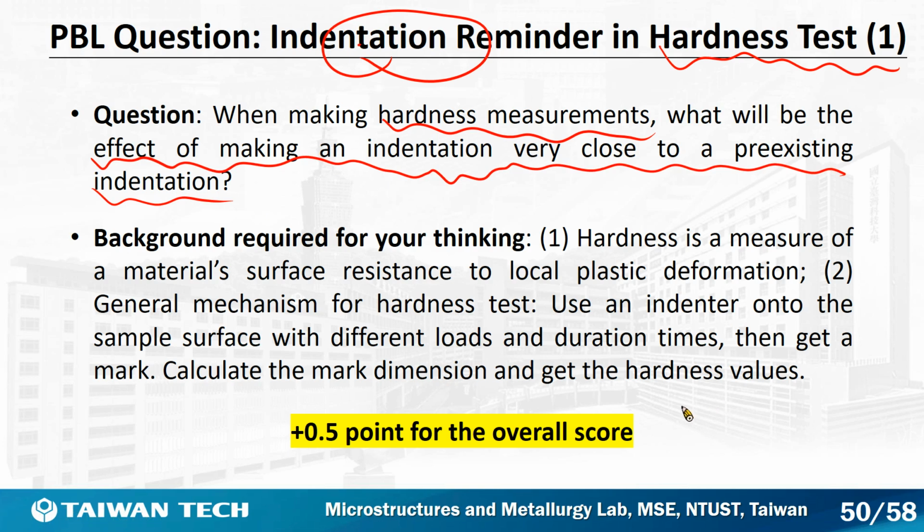For example, this is an area of what you see in the optical microscope, OM. Then you made an indentation here. This is the first one. And then you made a second one, for example, here.